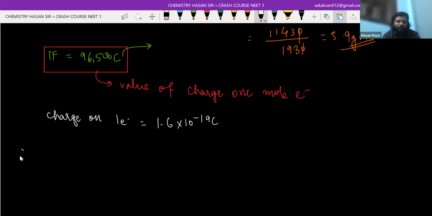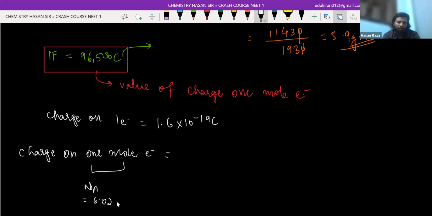But if you calculate the charge on 1 mole of electrons, you know that 1 mole represents the Avogadro value, Na, which is 6.02 into 10 raised to the power 23 electrons. For 1 electron, this much charge, so for this many electrons you just need to multiply.